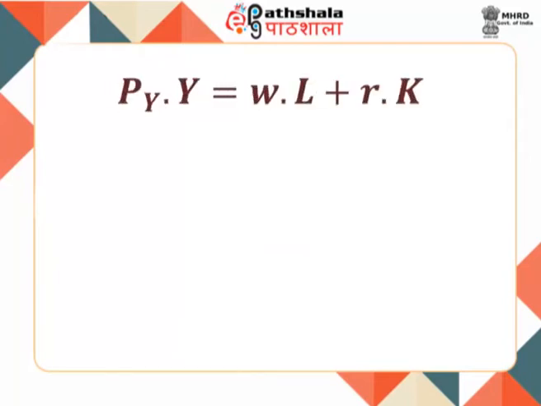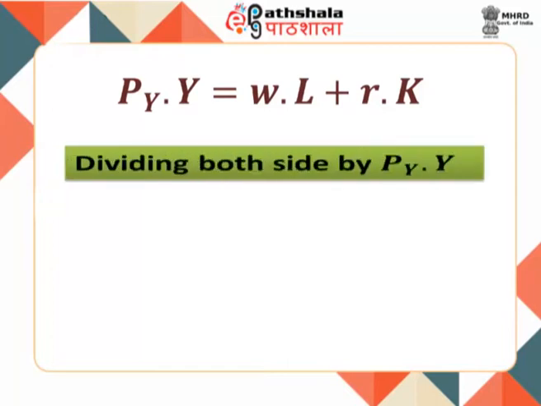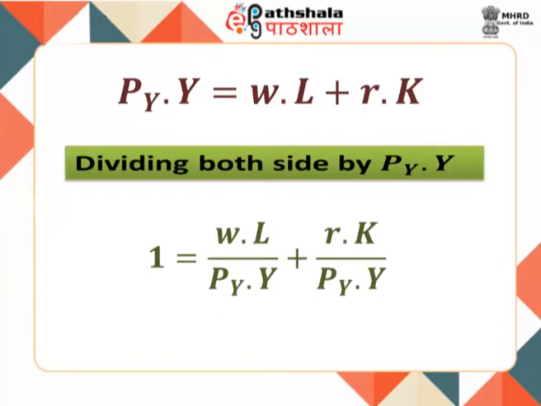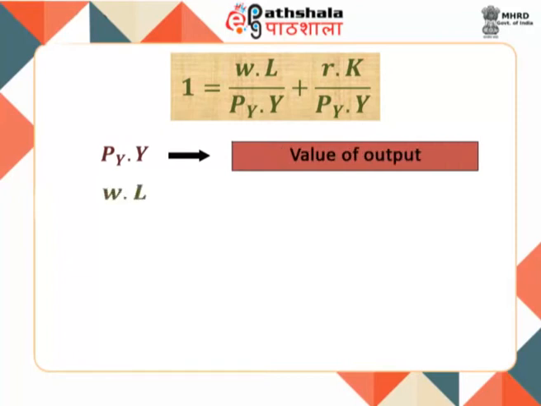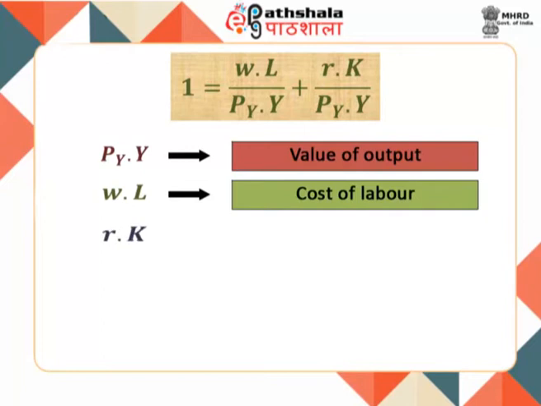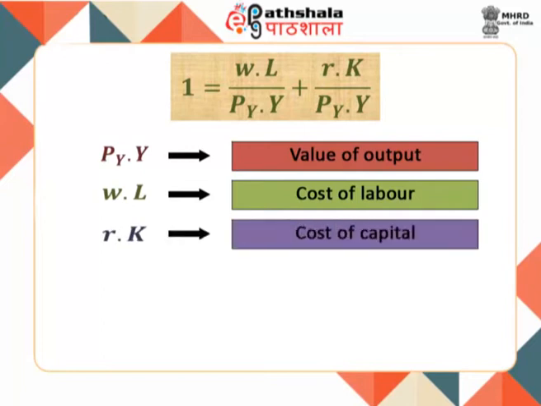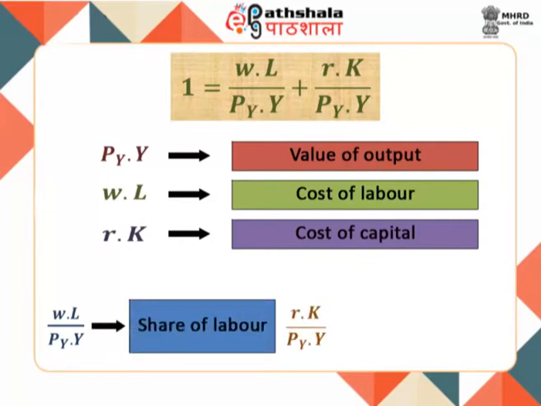Dividing the equation Py·Y = W·L + R·K both sides by Py·Y, we will get the summation of factor shares equal to unity, that is 1 = W·L/(Py·Y) + R·K/(Py·Y), where Py·Y equals value of output, W·L equals cost of labor, R·K equals cost of capital, W·L/(Py·Y) equals share of labor, and R·K/(Py·Y) equals share of capital.